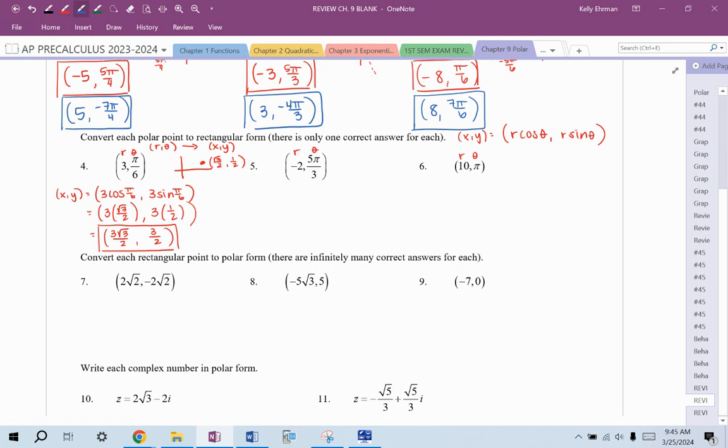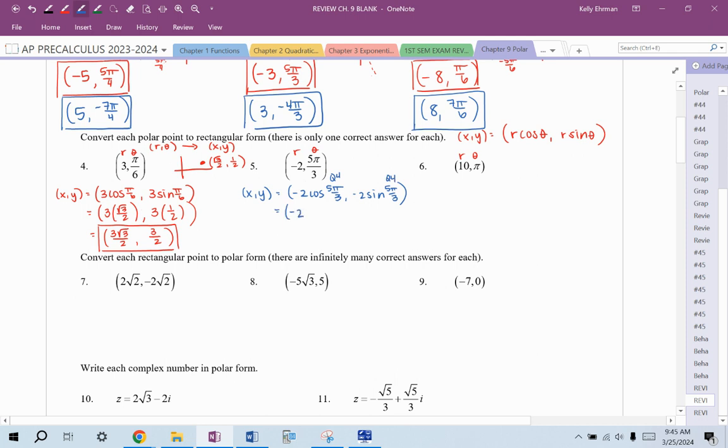Okay, next one. So xy is going to be negative 2 times the cosine of 5 pi over 3 and negative 2 times the sine of 5 pi over 3. 5 pi over 3 is quadrant 4, so I'm reminding myself of that so I get my positives and negatives correct.